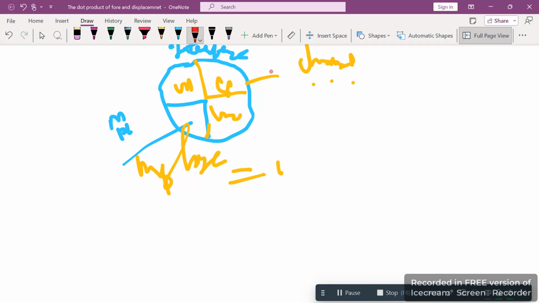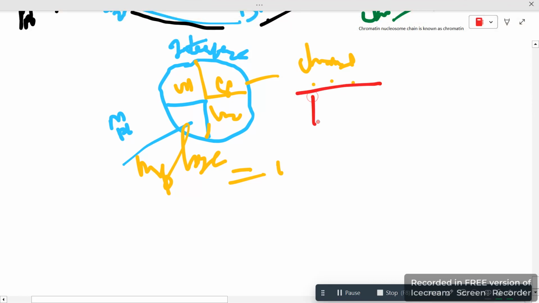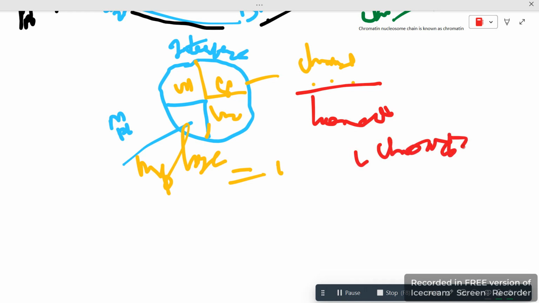This chain would be converted into a new body, which is known as chromosomes. I'm sure you are getting the concept. The nucleosome chain is known as chromatin, but when these chromatin are converted into a new form, that is known as chromosome.